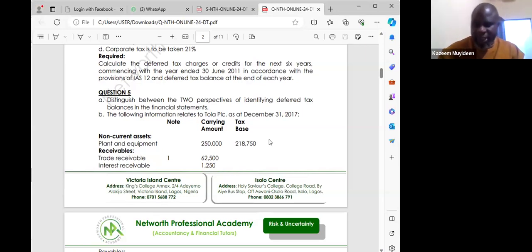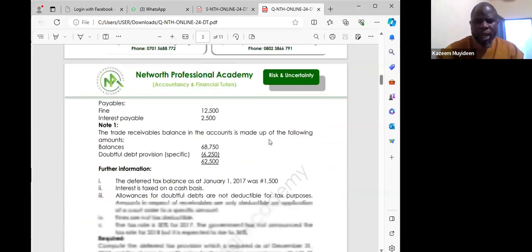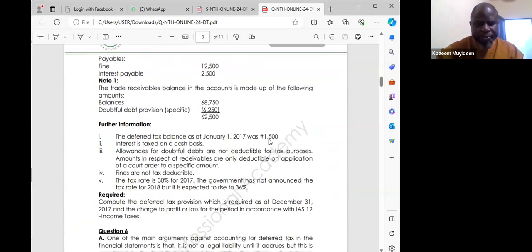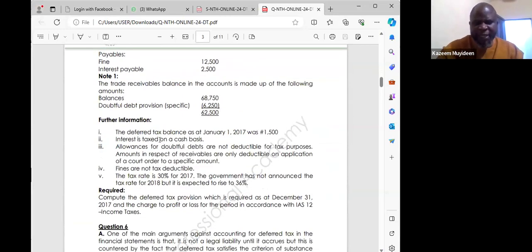You see a deferred tax liability or deferred tax asset. Now let's go to the requirements. The deferred tax balance as of January 1st, 2017 was 1.5. They've given me the opening balance. So the one we are going to get makes use of items in the statement of financial position at the end.